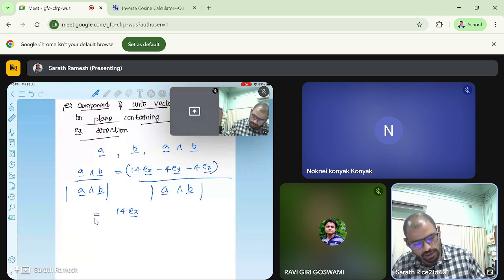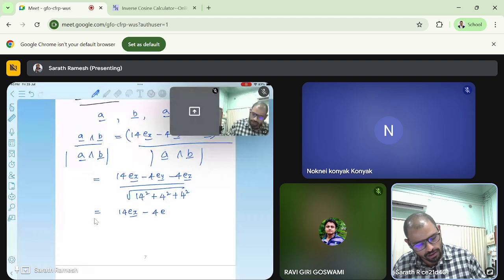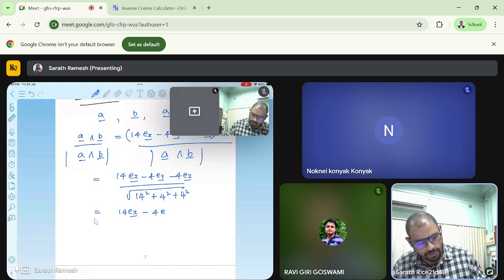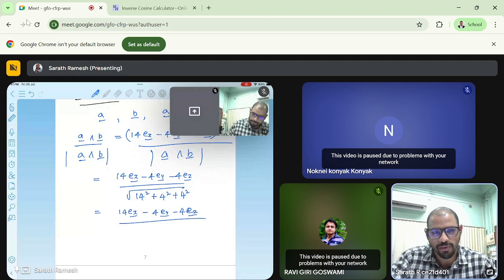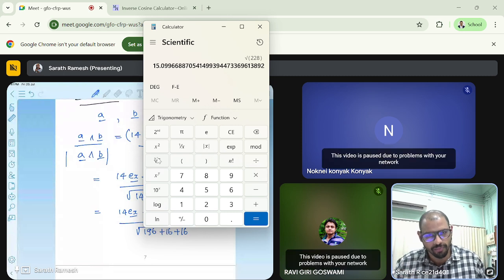Can someone in the meeting find and tell me the magnitude of this A cross B? Can someone help? Root of 14 square plus 4 square plus 4 square, that is 196 plus 16 plus 16. 196 plus 32, root of 228, which is 15.01.